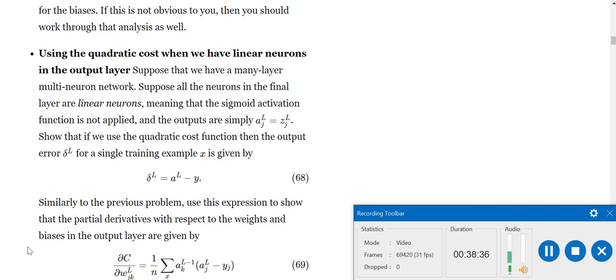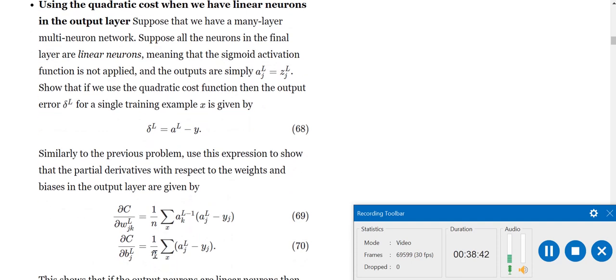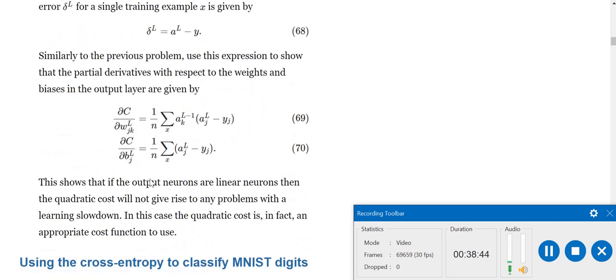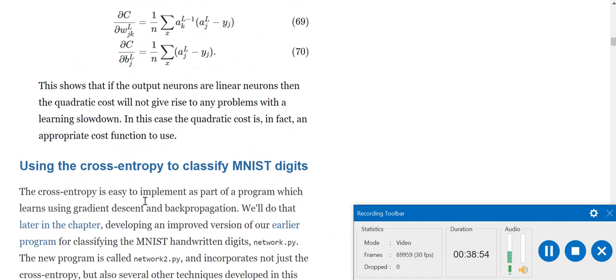Similarly to the previous problem, use the expression to show that the partial derivatives with respect to the weights and biases in the output layer are given by this. This shows that if the output neurons are linear neurons, then quadratic cost will not give rise to any problem with a learning slowdown. In this case, the quadratic cost is in fact an appropriate choice to use.